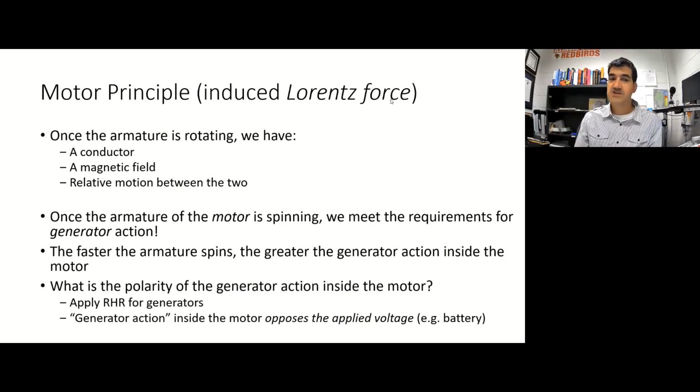So we actually have generator action inside of our operating motor. And if we apply the right-hand rule to that generator action being created inside that motor, what we find is that the voltage caused by the generator action, the induced voltage, is trying to cause current to flow in the opposite direction that the applied voltage is trying to cause current to flow through the armature.